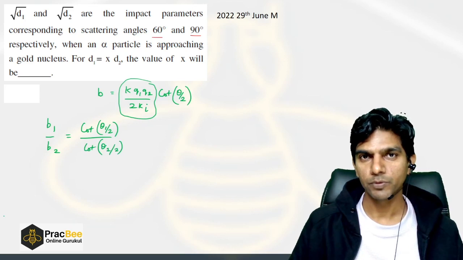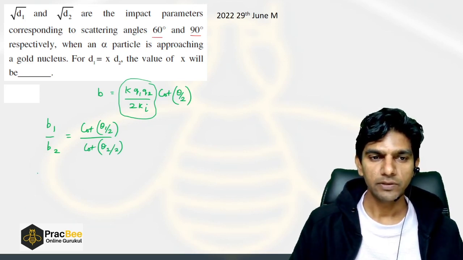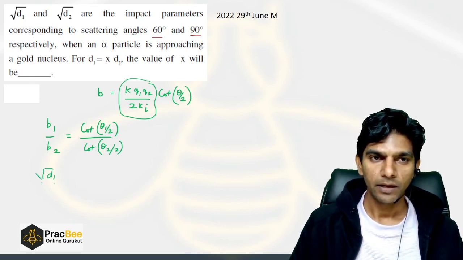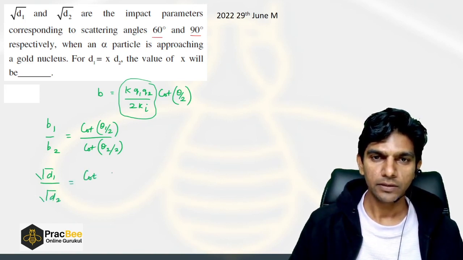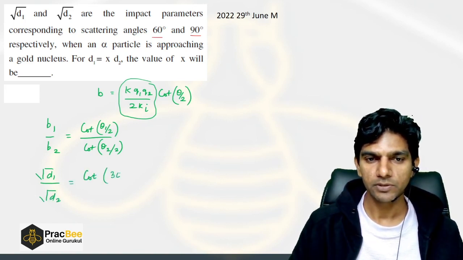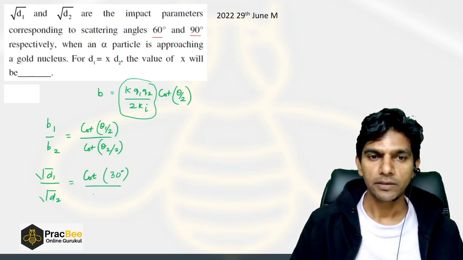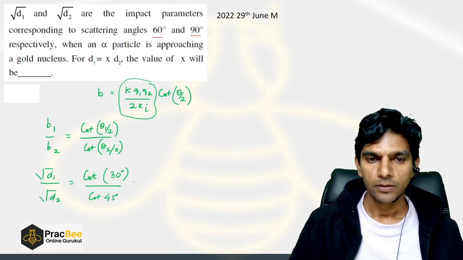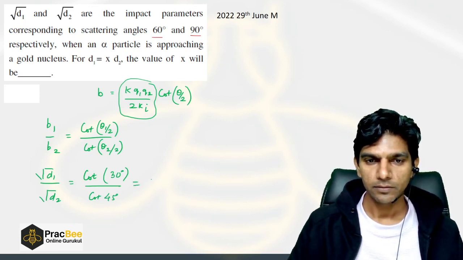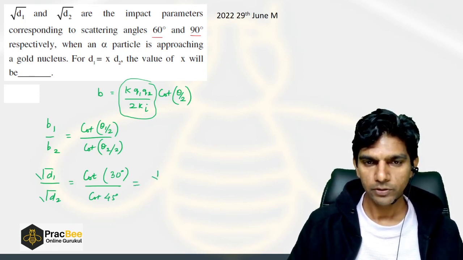Here b1 is root of d1 and b2 is root of d2, and theta1 is 60 degrees, so it becomes 30 degrees, and theta2 is 90, so it becomes 45 degrees. So cot 30 is root 3, and cot 45 is 1.